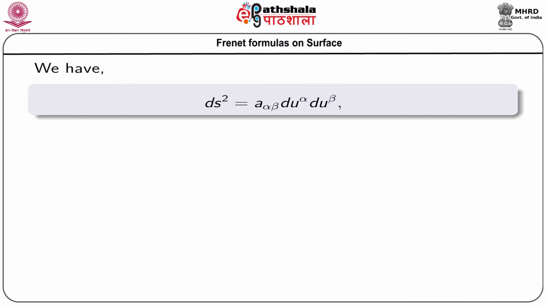Now, from the first fundamental form of a surface, we know that ds square equals a alpha beta du alpha du beta, where a alpha beta is the coefficient of the first fundamental form, which is a covariant symmetric tensor of rank 2.